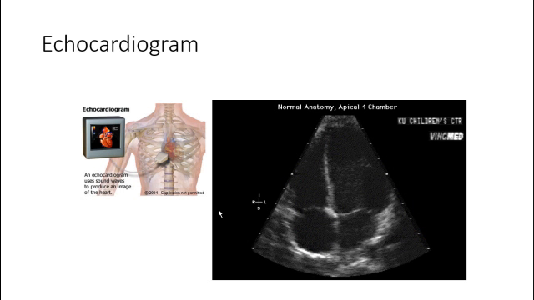This is a form of ultrasound basically applied to the heart, and it allows them to watch how the blood actually flows through the four chambers of the heart. You can see very clearly the patency of the valves, and it can also be used to detect how much blood is actually being ejected, particularly by the ventricles during systole.